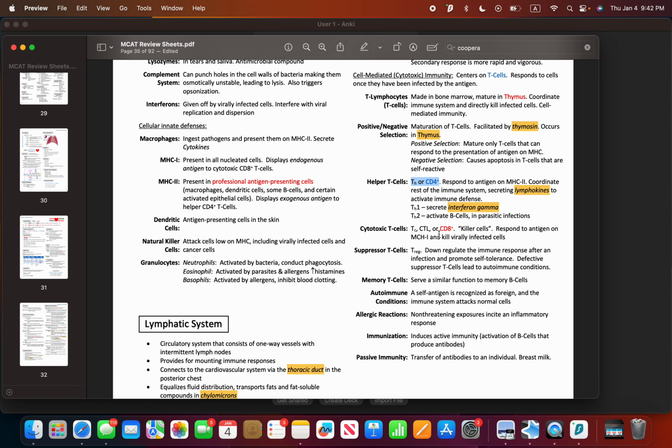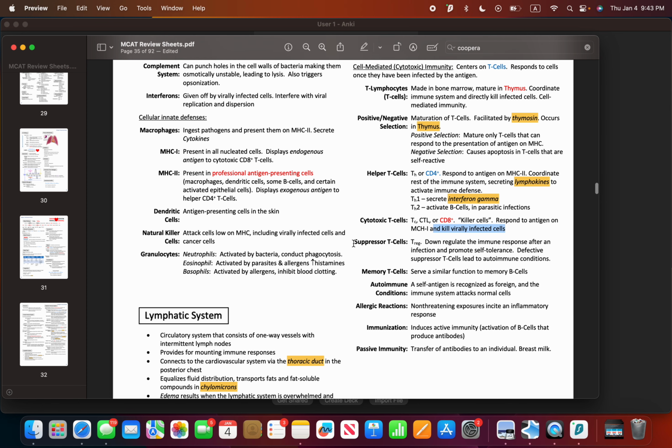So MHC1 and CD8+, they kill infected cells, right? But CD4+ is for secreting lymphokines to activate the immune defense, and it's for parasitic infections or interferon gamma. We can delve into that later.